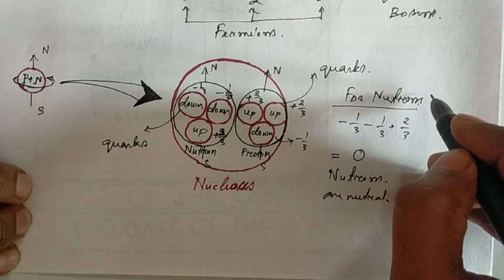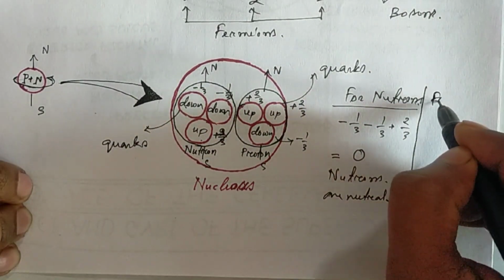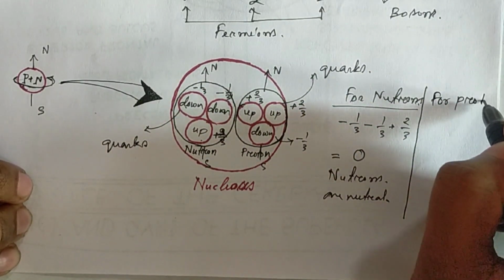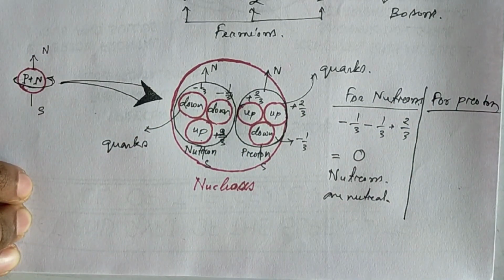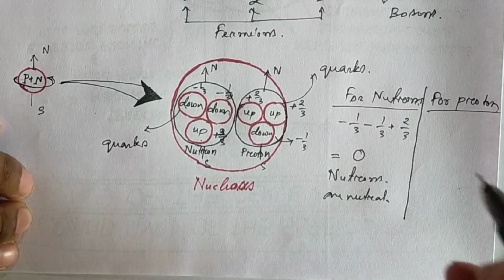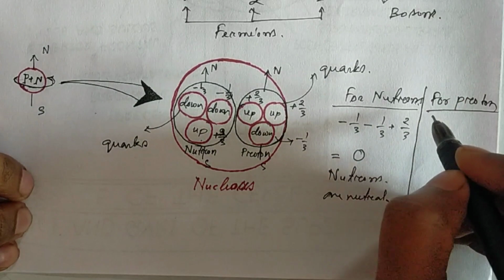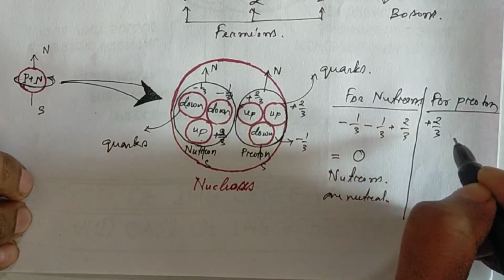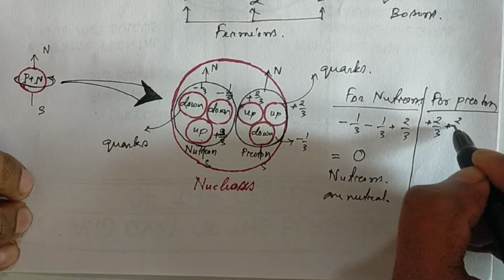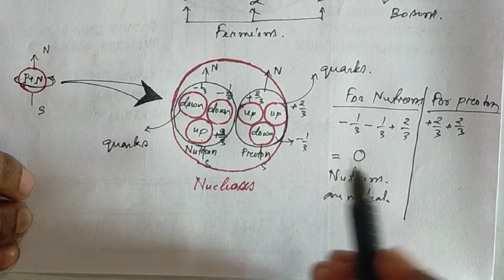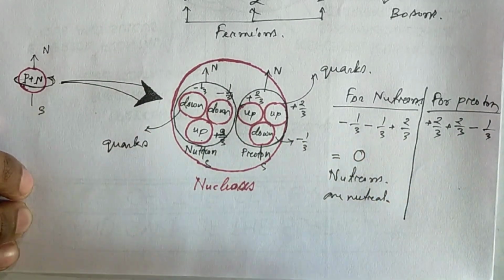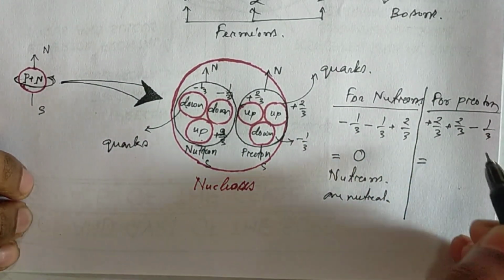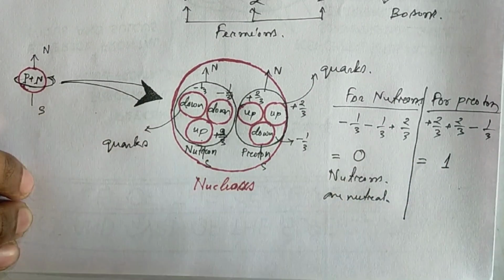And again, in the case of the proton, there are two up quarks, so the charges are +2/3, +2/3, and only one down quark, so it is -1/3. If you sum up, it will be 1.